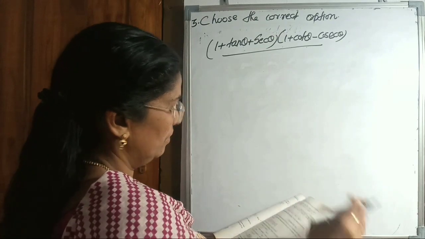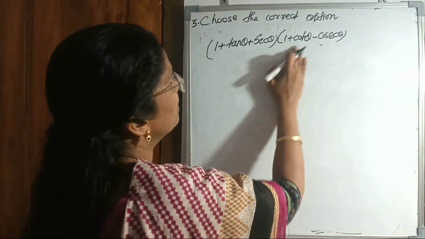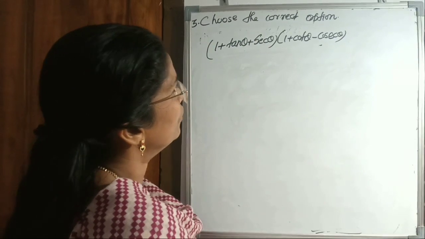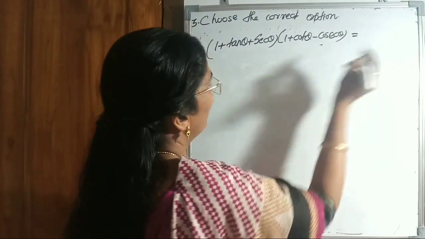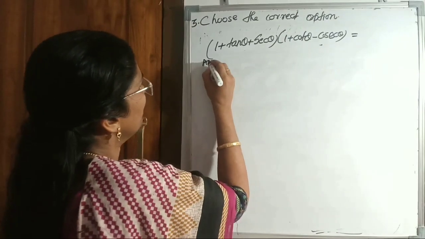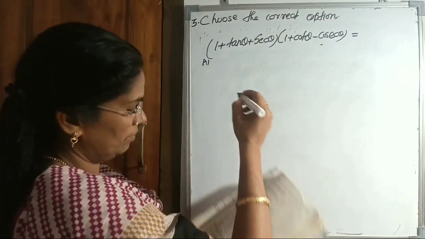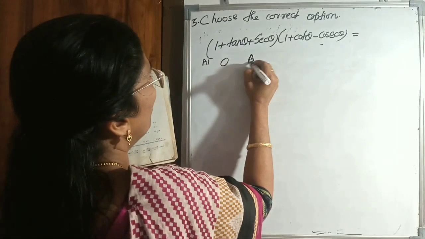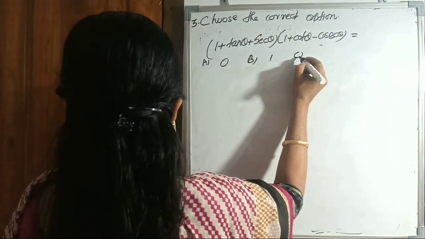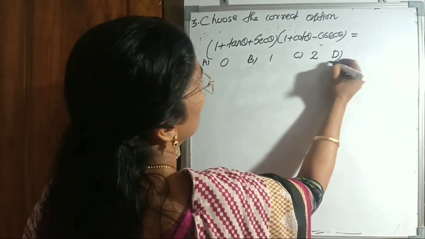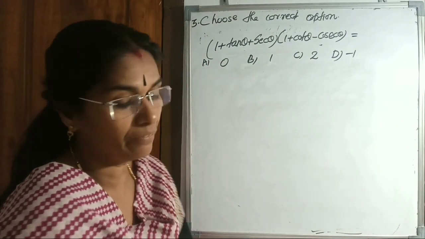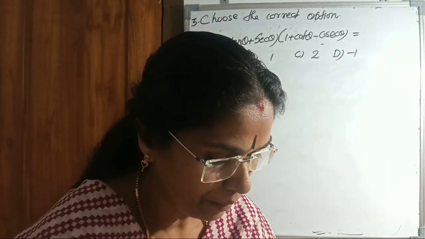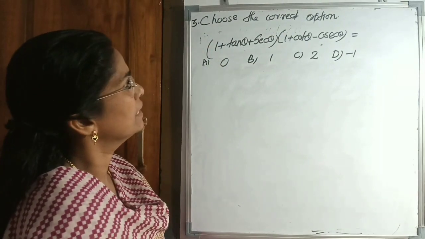Nothing is given to divide by, just 1 plus tan theta plus sec theta into 1 plus cot theta minus cosec theta is equal to dash. Options given are A 0, B 1, C 2, D minus 1. These are the options. So how can we find the value of 1 plus tan theta plus sec theta?